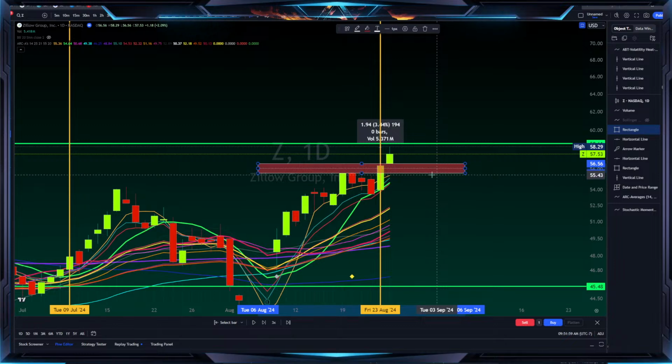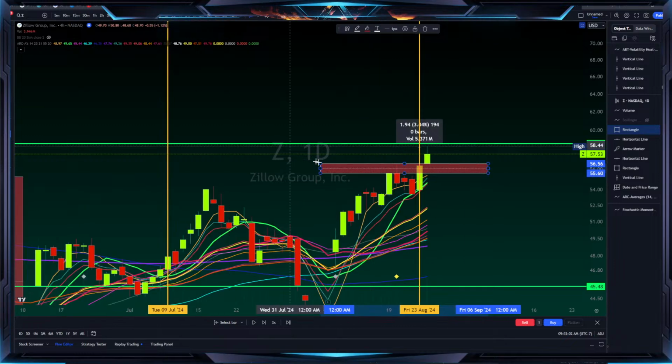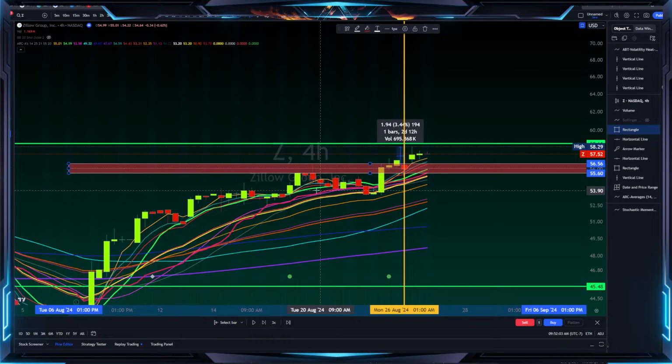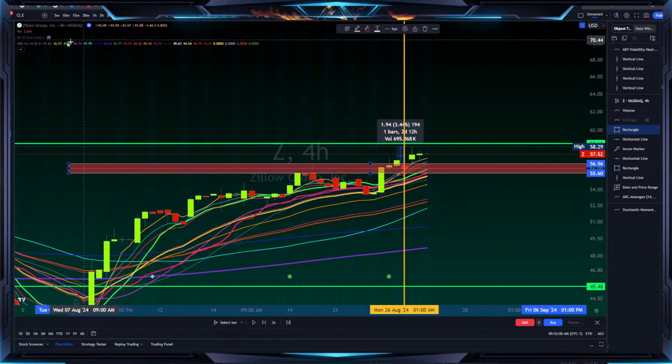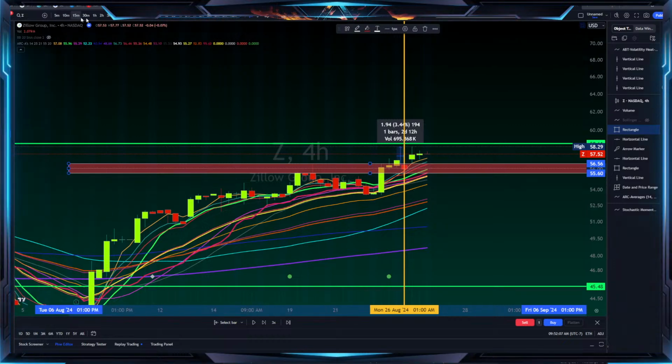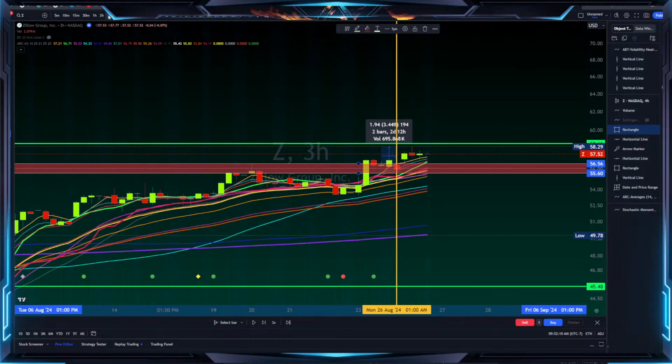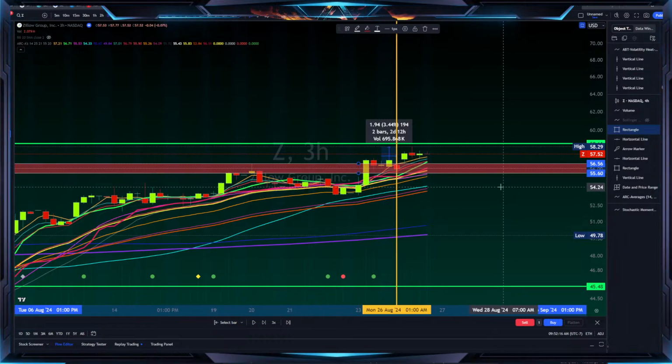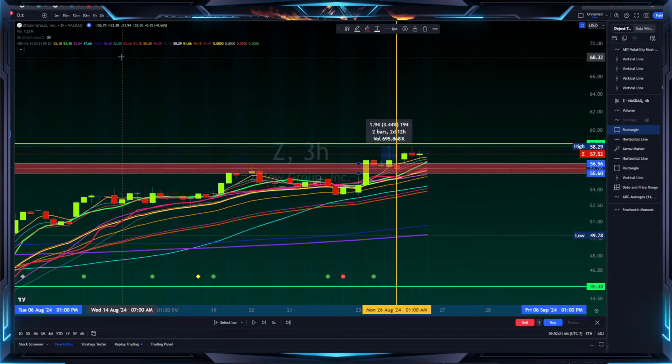Let's see. What about a 4-hour? I know there's a million moving averages here, guys. I apologize. Okay. The 3-hour time frame is looking okay too. And that is marking off the SMA 50 at a lower point. I don't think I would take that.